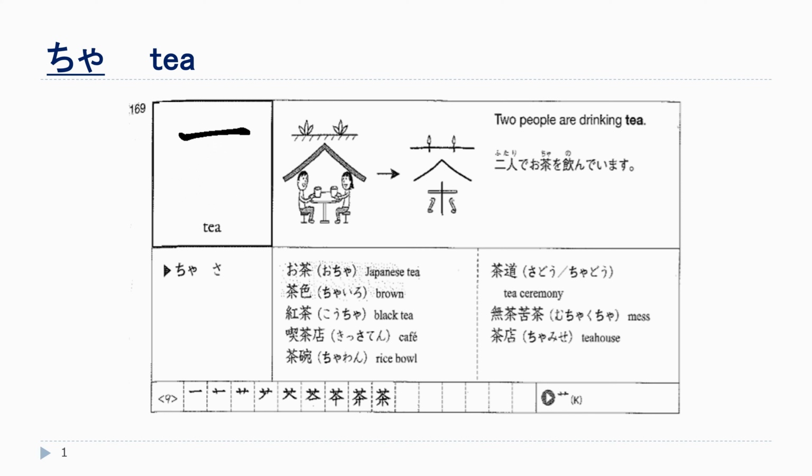One last time. Ichi, ni, san, yon, go, 6, 7, 8, 9. So this is ocha.